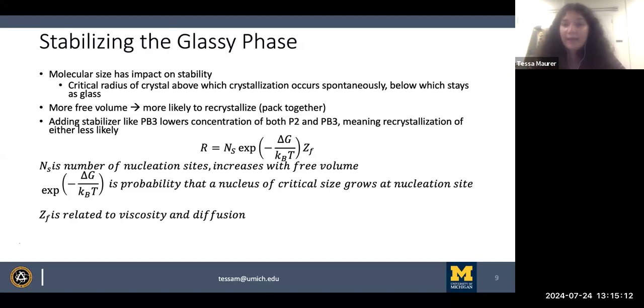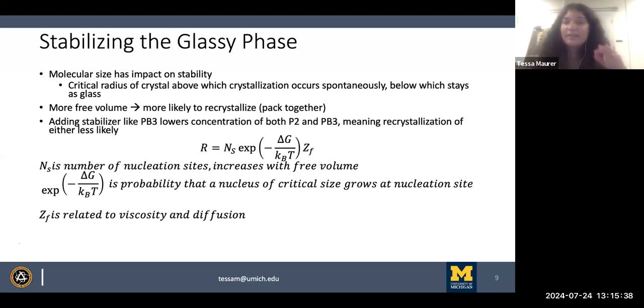In addition, they found that adding other molecular components will add to the stability of the glass. That's why they added the PB3 that I mentioned a little bit ago. P2 is their main focus, but they added PB3 because to ionizing radiation, it looks the same as P2. So as far as scintillation properties, they're pretty much identical.